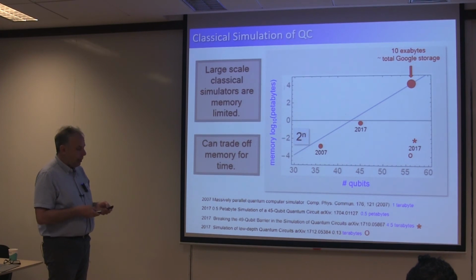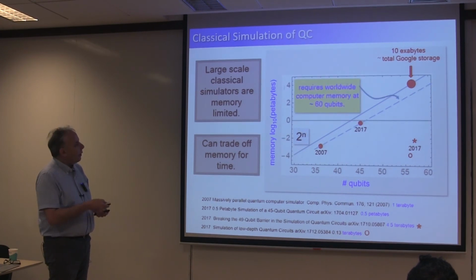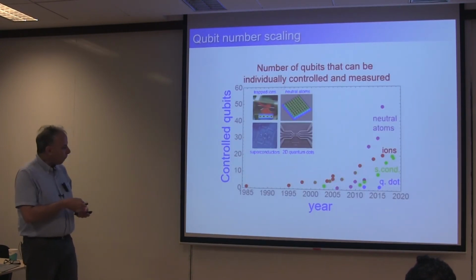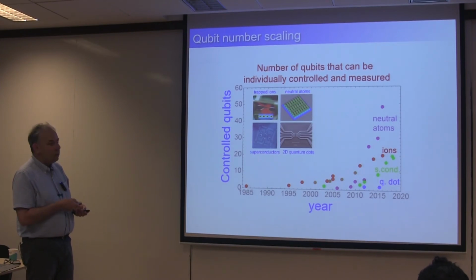So that's an interesting range to be in, beyond this 50, 60 qubit range, and certainly different platforms are getting up to that range. Here's the scaling in the number of qubits that's being controlled with leading approaches to quantum computation: trapped ions, neutral atoms, superconductors, and quantum dots.